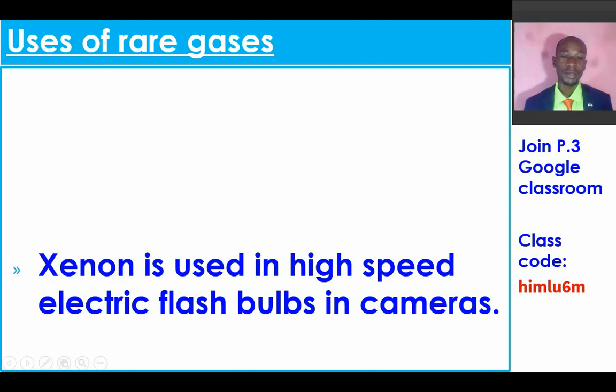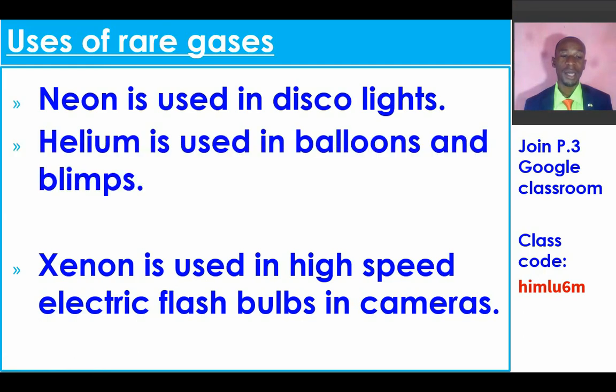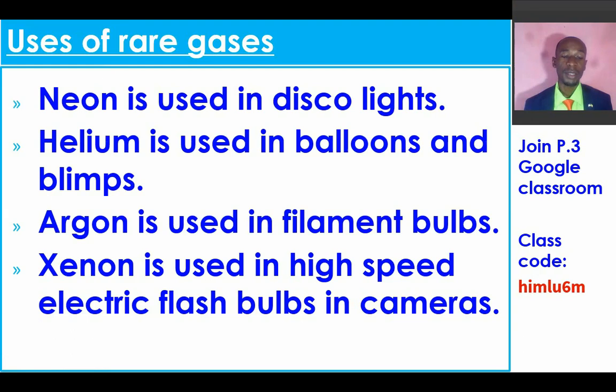Now, let us look at uses of rare gases, where we have neon, helium, argon, and xenon. So, to begin with, neon is used in disco lights. Do we know disco lights?